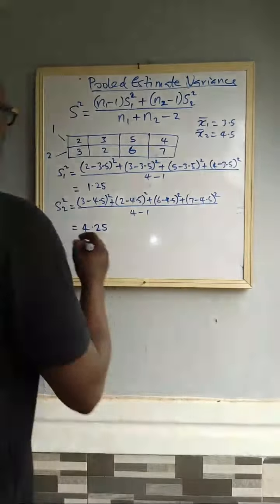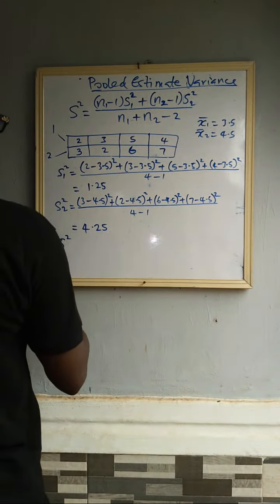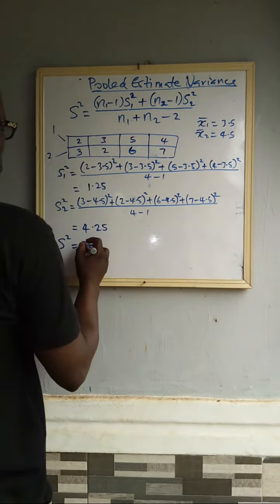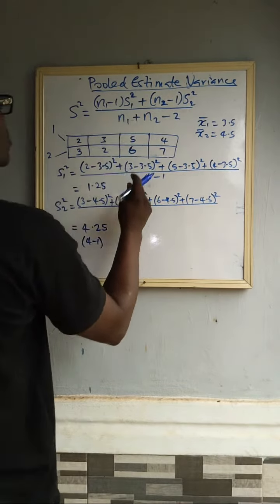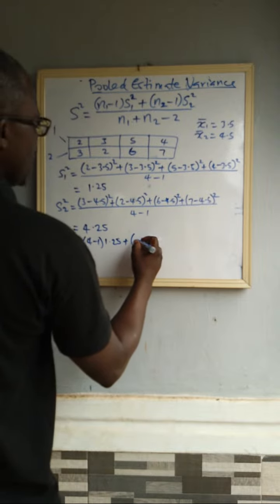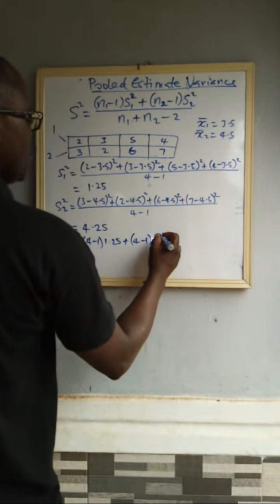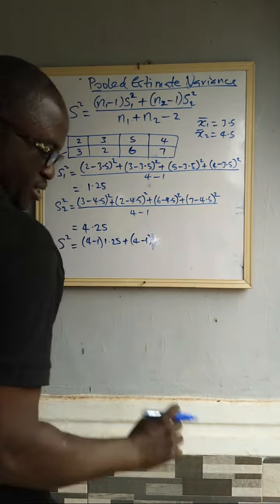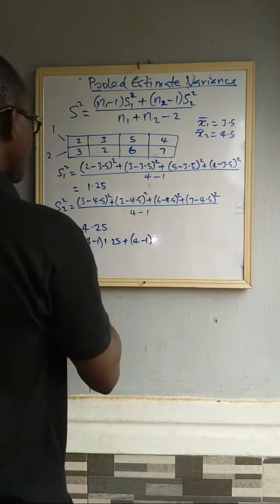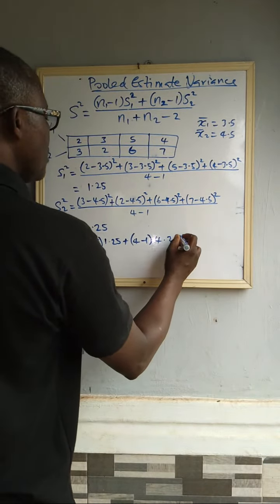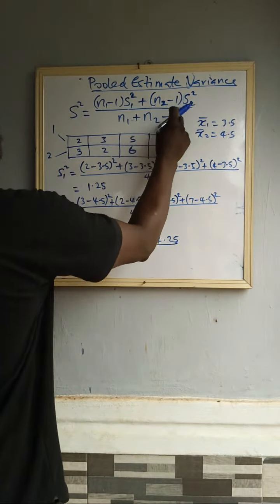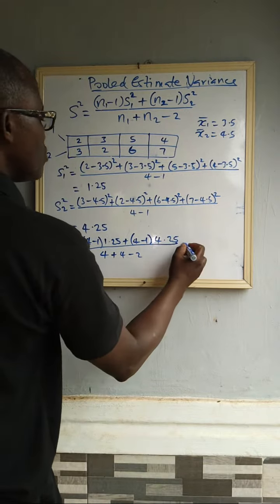All right. So we can now determine s squared for the pooled estimate of variance. That will be (n1 minus 1) times s1 squared, that is (4 minus 1) times 1.25, plus (n2 minus 1), that is 4 minus 1, multiplied by s2 squared, that is 4.25, divided by 4 plus 4 minus 2.